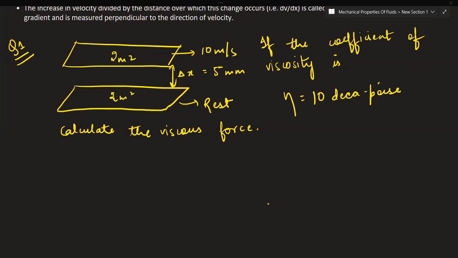Ma'am, we need to convert 5 mm into meters, right? Yes, you have to take everything in SI unit, meters. Ma'am, what will A be? See, area of the layers is given as 2 meters square.